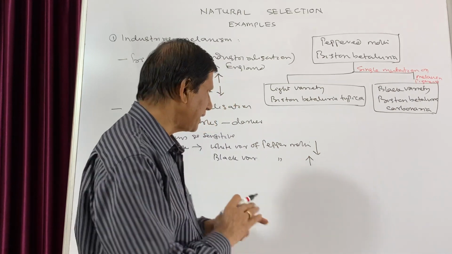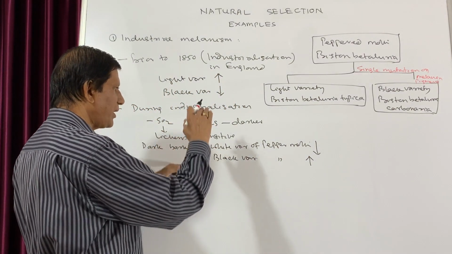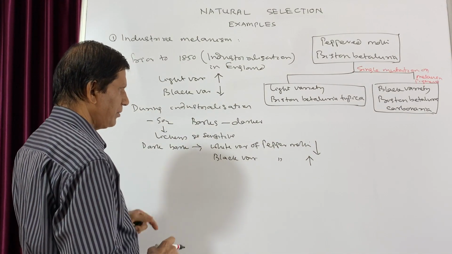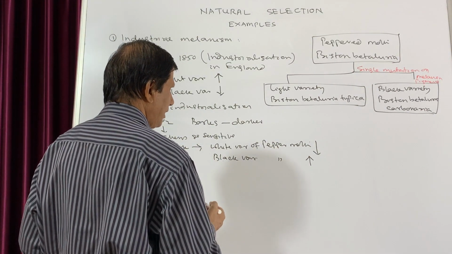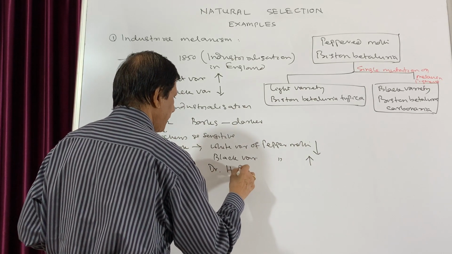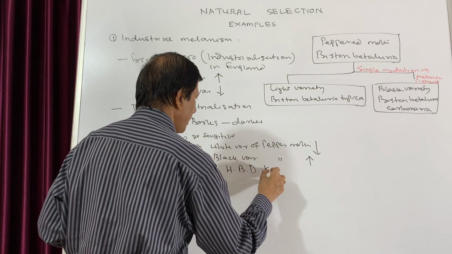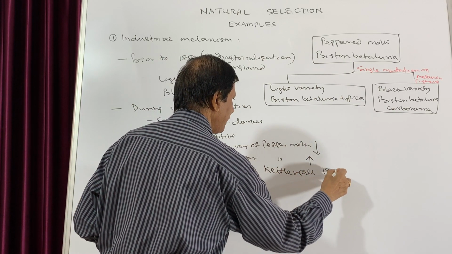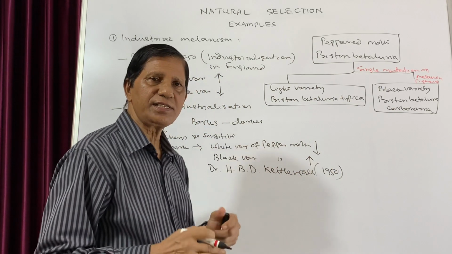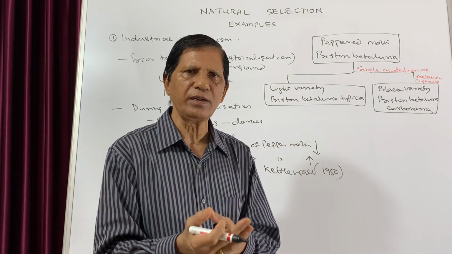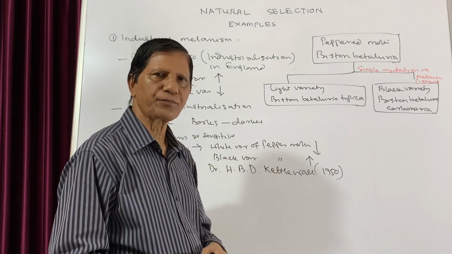All the details of how the white is decreasing and black is increasing were studied by Dr. H.B.D. Kettlewell in 1950. That means how nature selects one after another depending on changes in the environment.